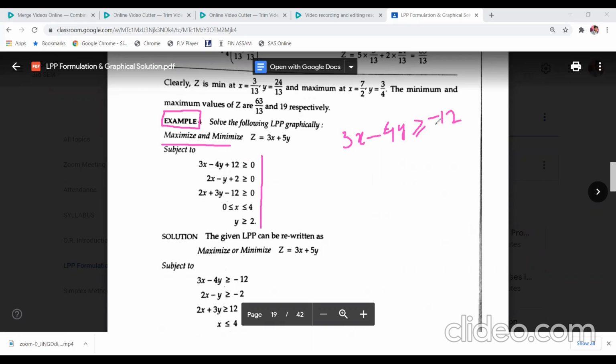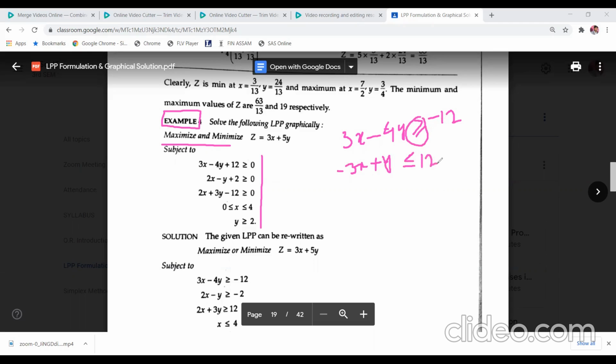In order to make it positive, you need to multiply by minus. So it will become minus 3x plus 4y, and since you are multiplying by minus, the greater than or equal to sign will change to less than or equal to, and this is plus 12.